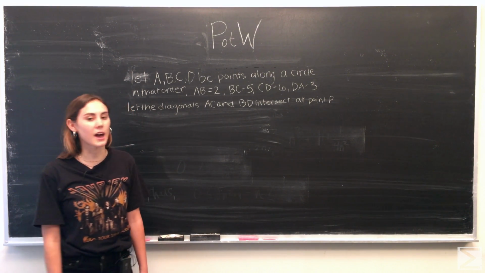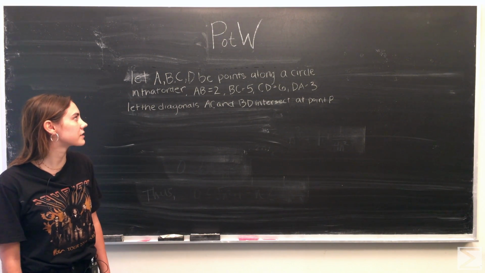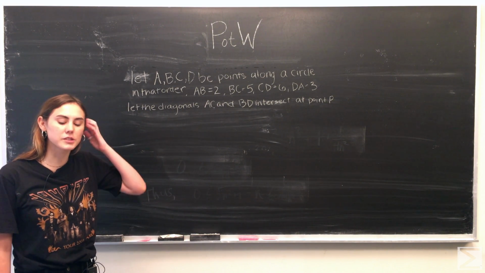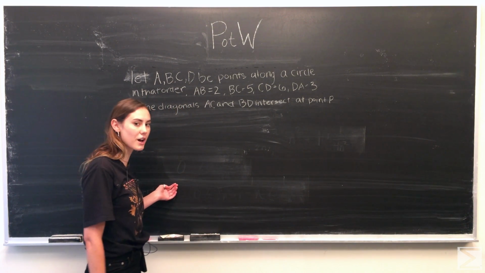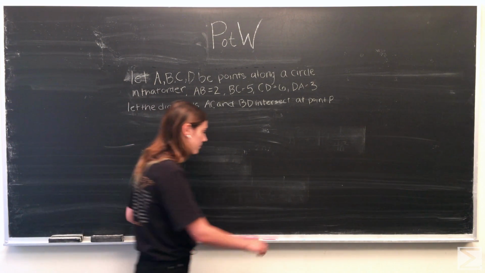We're going to be looking at a problem of the week today that has to do with geometry, circles, and triangles. So to start, I'm just going to draw out a diagram to make it a little clearer.